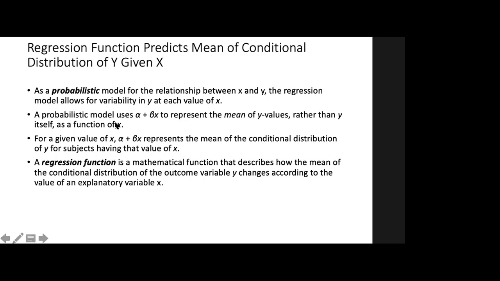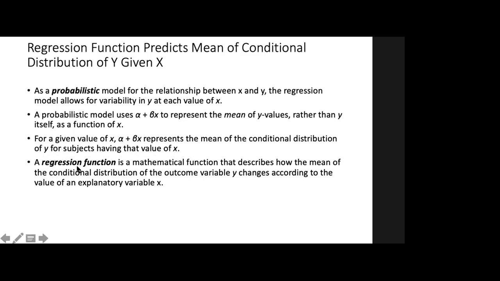What that means is that for each given value of x, our regression equation, our prediction, represents the mean of the conditional distribution of y given x. So it's a conditional distribution of weight given that the height is 10 inches or 5 inches or 15 inches.